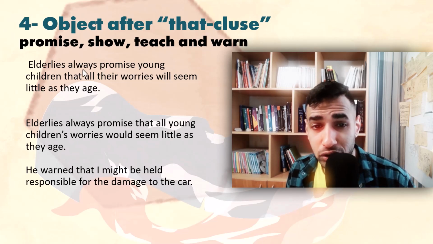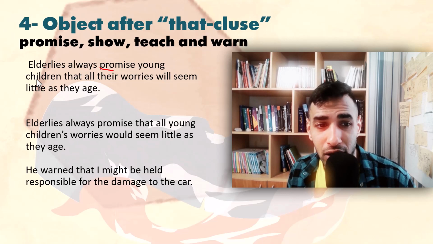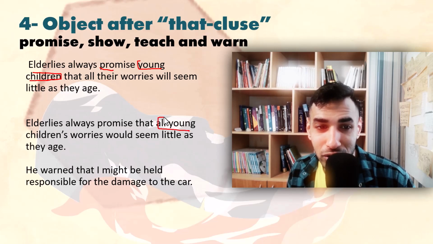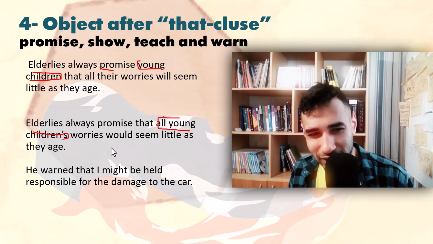But pay attention to the word promise: promise young children, here is my object. And in the other sentence, elderlies always promise that all young children's worries would seem little. So now the object has moved after that clause, of course with a little change.